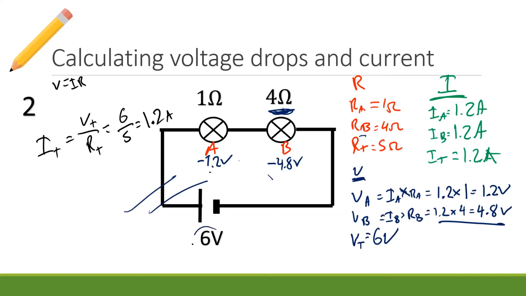If I know that there are 6 volts in total, and I've already used 1.2 volts up, if I subtract 6 minus 1.2, that's 4.8 volts. So instead of going IB times RB, I could just do that instead to work out the answer. There is always a different way to solve these problems.